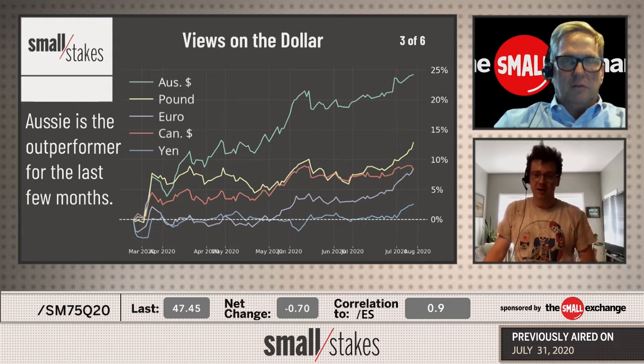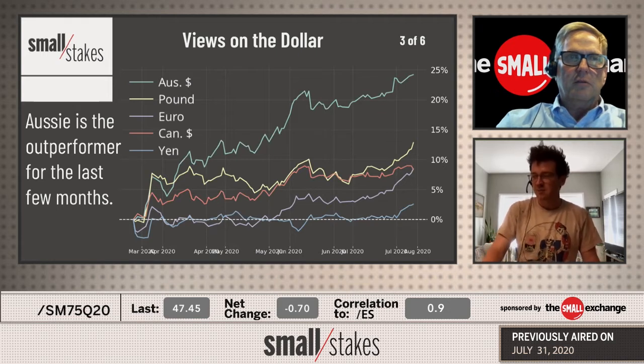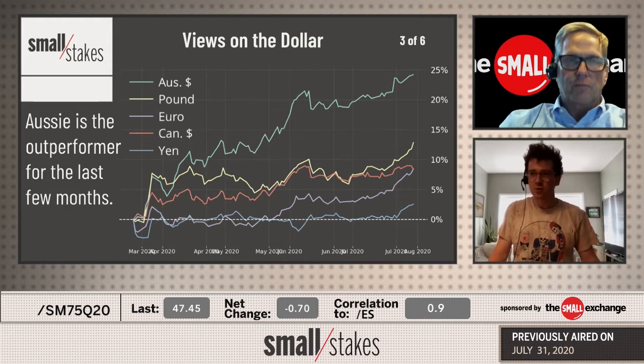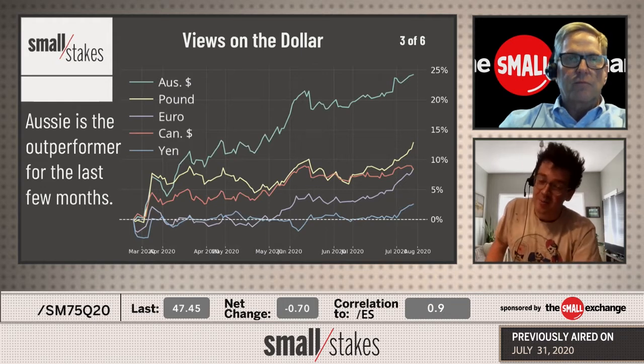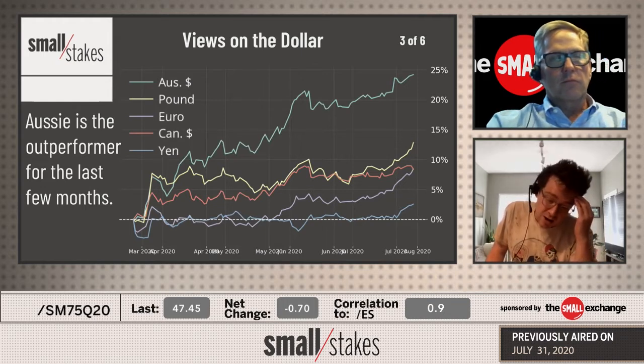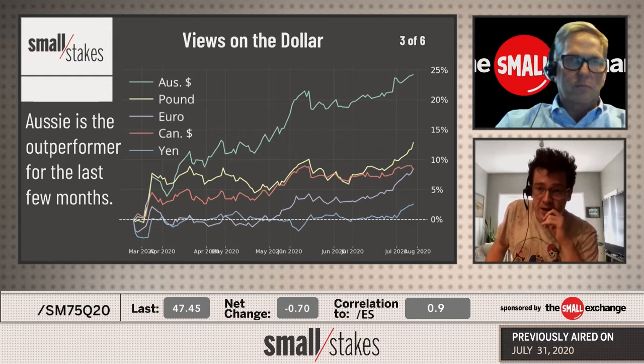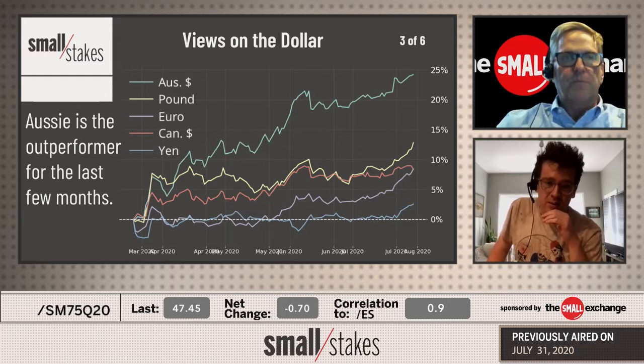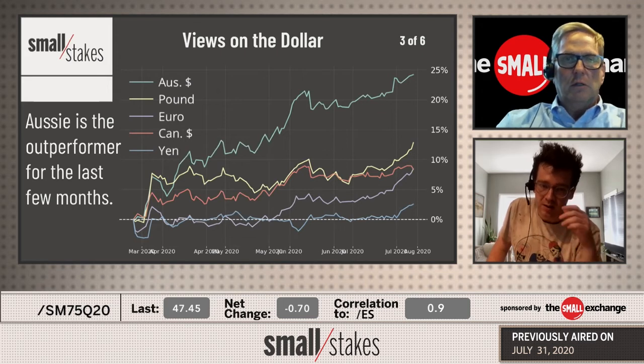I would almost think it's more interesting to look at since the pandemic hit the stock market in mid-March, and we're maybe in a little bit of a new world here in financial markets. What's happened since then? What's happened since then is a huge rally in the Australian dollar, up 25%. And we're seeing it start to plateau a little bit here, Pete. As you can see, these other markets, pound, euro, and Canadian dollar, are performing well, but not nearly to the same extent.